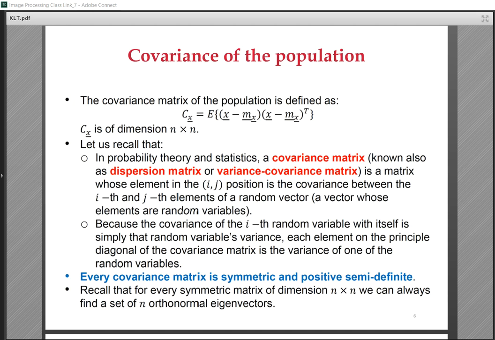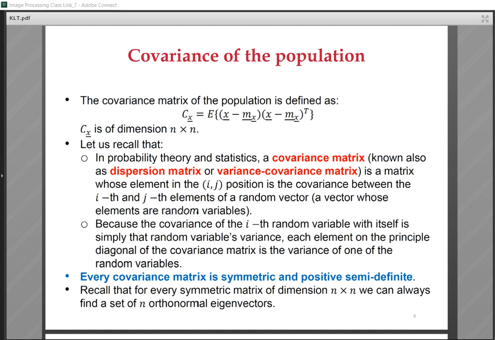Okay, we have variance and covariance. Variance means the differences between, for example, the i's and j's intensity levels of an image or of a random vector.